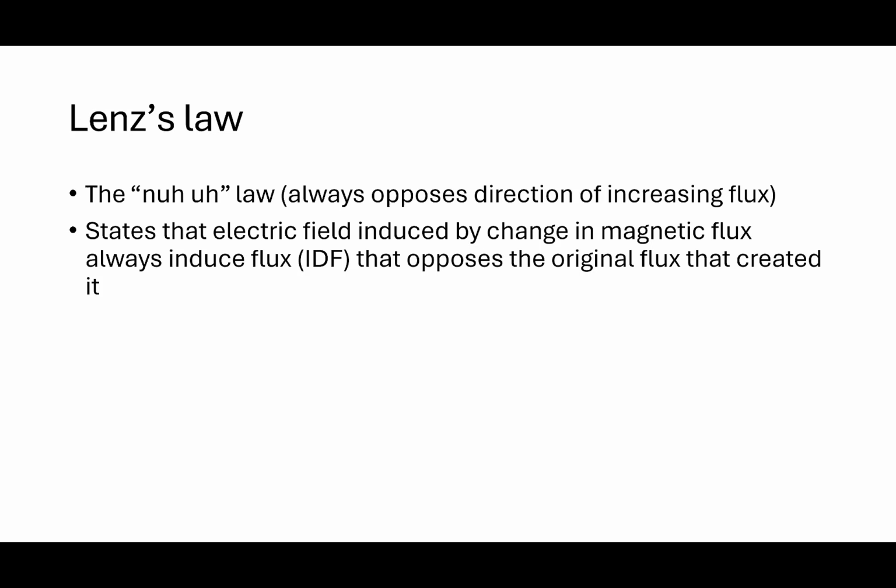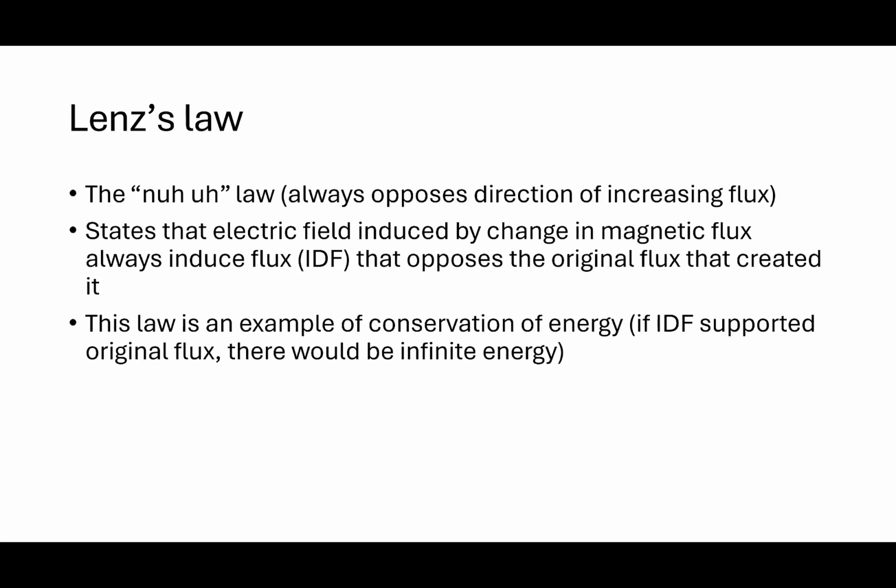So this is essentially Lenz's law. It always opposes the original flux. Whichever direction the increase in original flux is, the new flux produced by the coil opposes it. So let's say the induced flux always opposes the original flux.